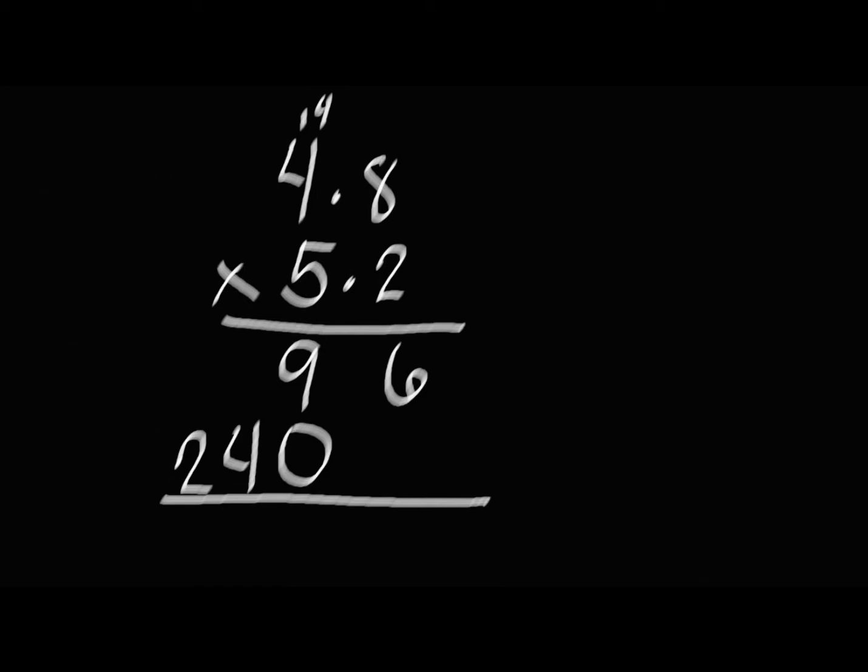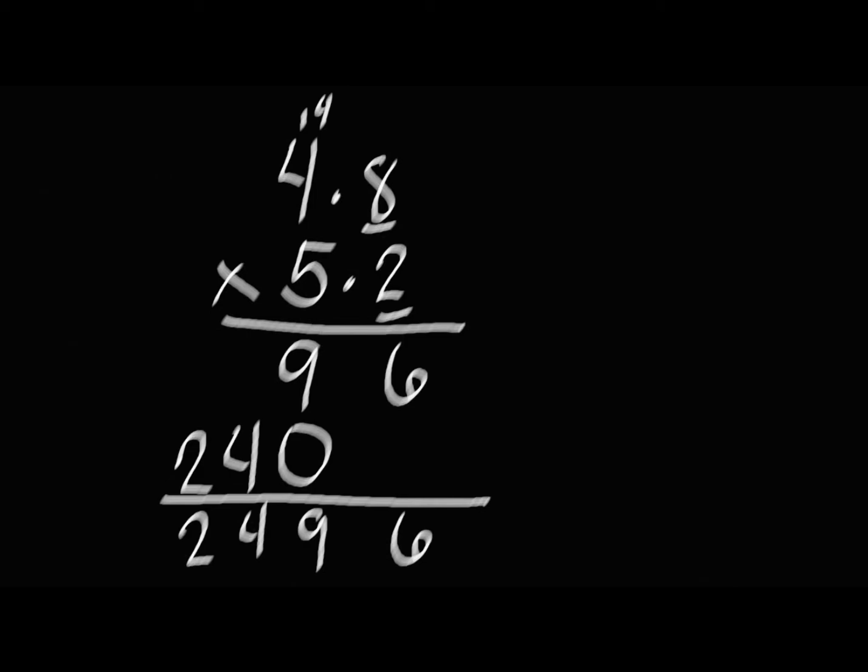6, we will bring it down. 9 plus 0 is 9. Then 4, bring down 2. How many decimal places do we have in our multiplicand and multiplier? We have 1 and 2. There are 2 decimal places in our factors.